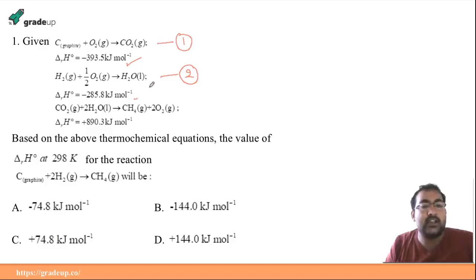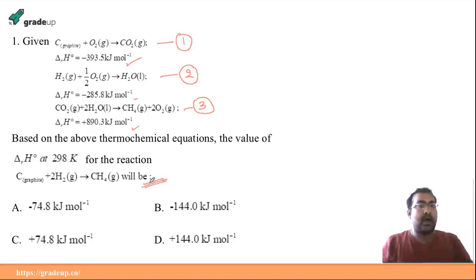The heat of reaction has also been given for it, and we have another reaction, reaction number 3, whose heat of reaction is also given.